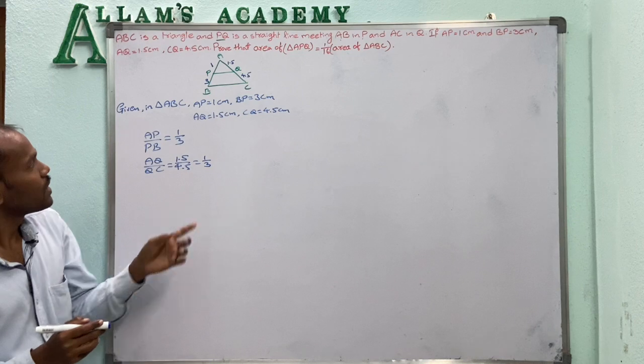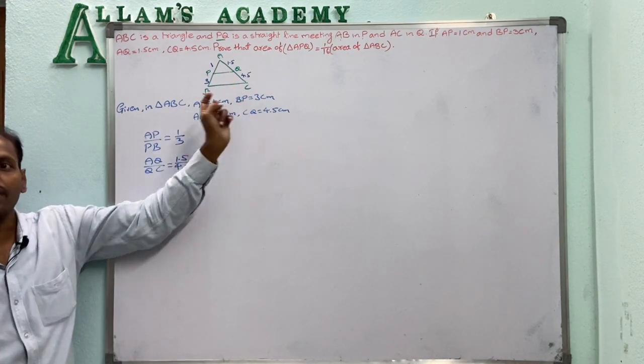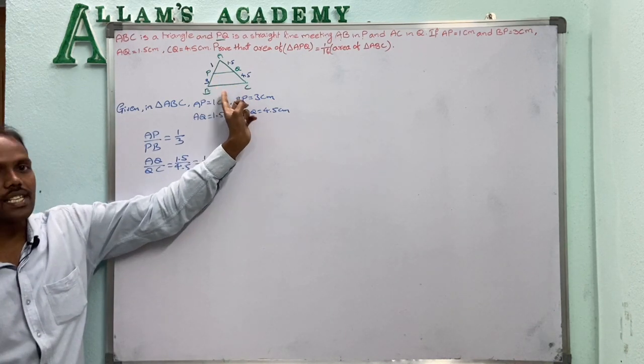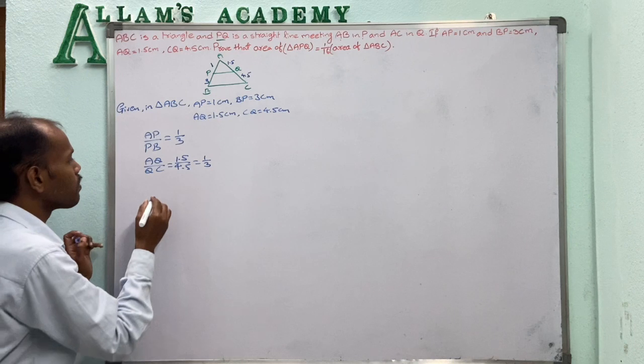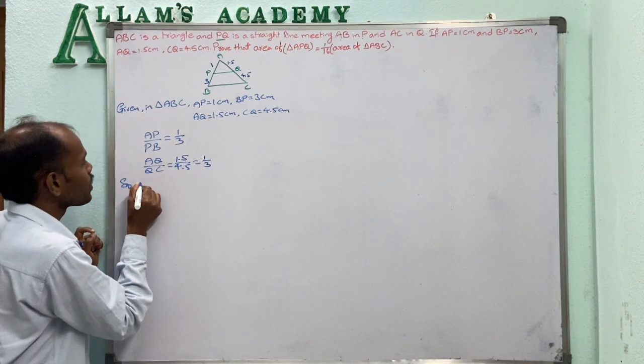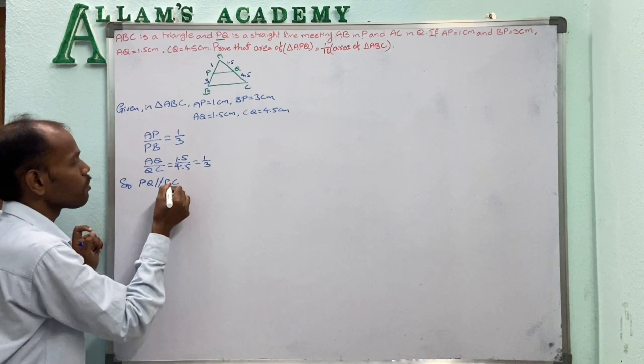So now these two sides' ratios are equal. That means PQ straight line is parallel to BC.